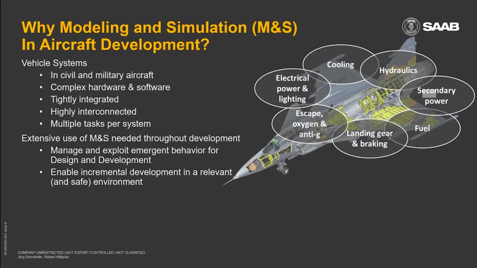With aircraft, we are not able to test things in the aircraft and fly in the operating conditions where they are intended to be used from the get-go. We need to have a safe representative environment, and there models and simulations become essential.